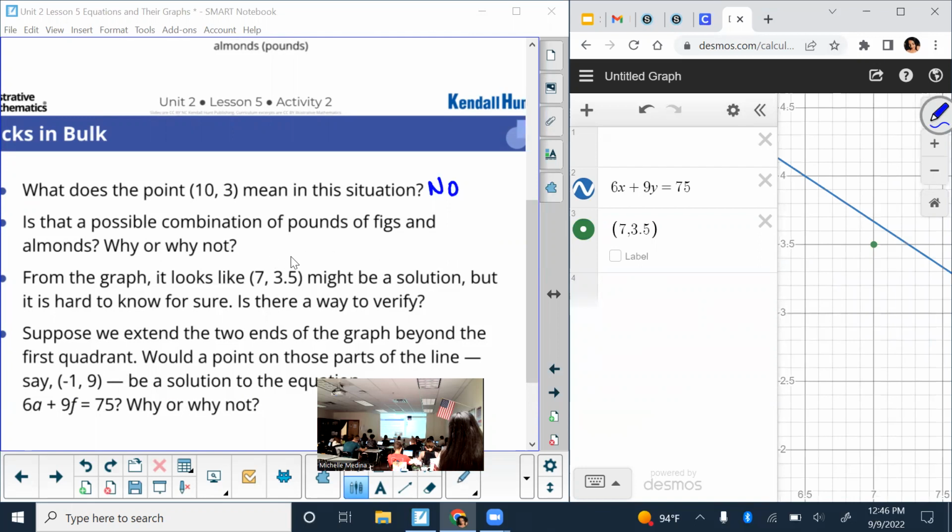Am I able to have decimals for pounds of something? Yes. At the store, you put it on a scale and then they charge you for the exact amount that you have.